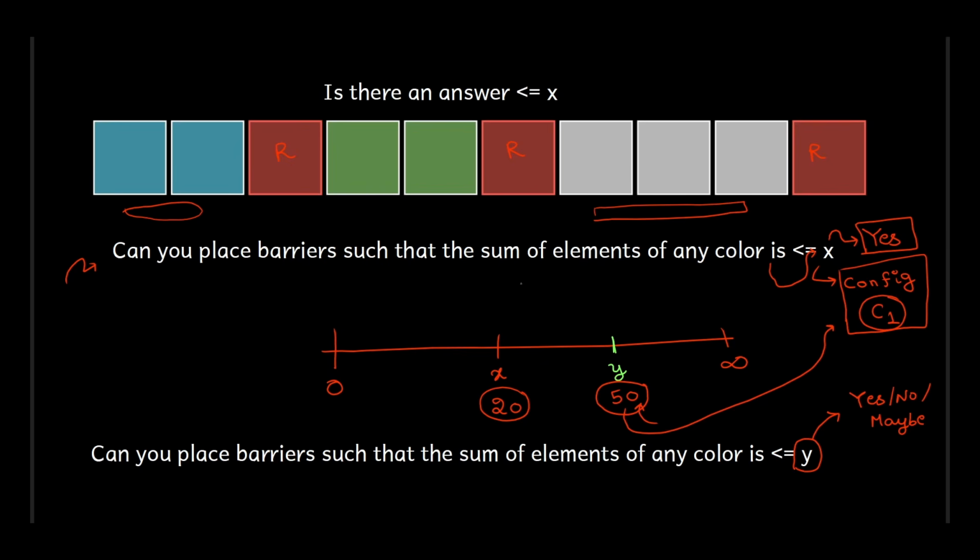If a number is less than or equal to 20, it is definitely also less than or equal to 50. This means that if the answer is yes for every color being less than or equal to x, then the answer to this entire range will also be yes, because you can reuse this configuration C1. Something less than or equal to x is also less than or equal to x plus 1.